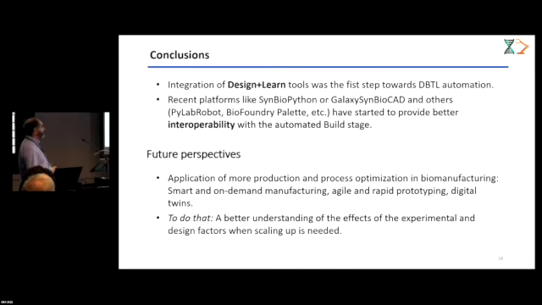The next step is probably to work more on the application of this idea of smart biomanufacturing. But to do that, one challenge that we have now is that we need a better understanding of the effects of the experimental and design factors when scaling up is needed.